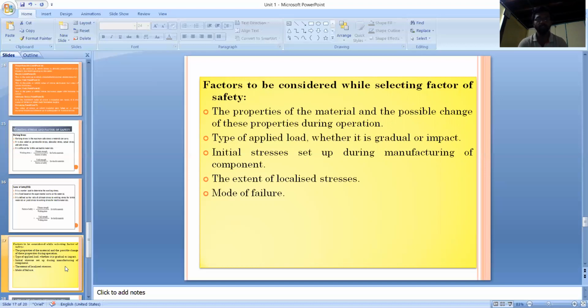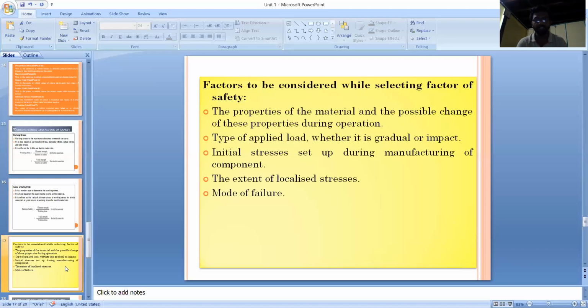Whenever we are manufacturing a component, there will be some residual or initial stresses. So when we select the factor of safety for the design of a specific material, we have to consider the initial stresses set up during the manufacturing of the component as well.